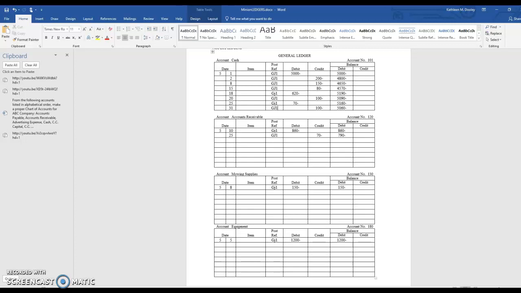Okay, so we're going to actually do our trial balance in this video on a worksheet. You don't have to. GAAP says you do not have to use a worksheet. You can put the balances just on a separate sheet of paper. If you're doing it manually, it would need to be on accounting paper. But we're going to go ahead and use a worksheet because it is very helpful when you go to do financial statements to have that on.